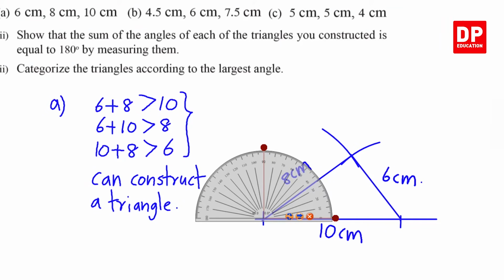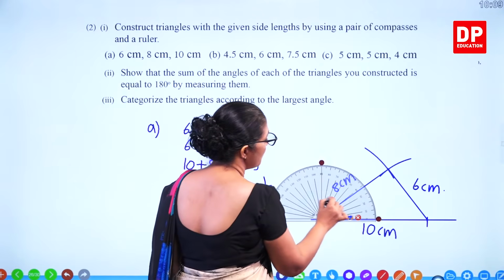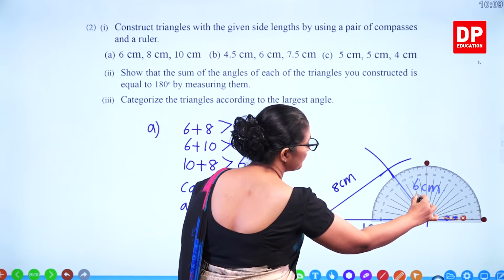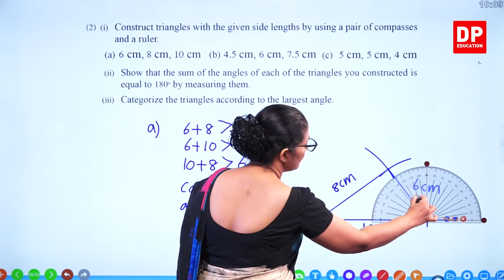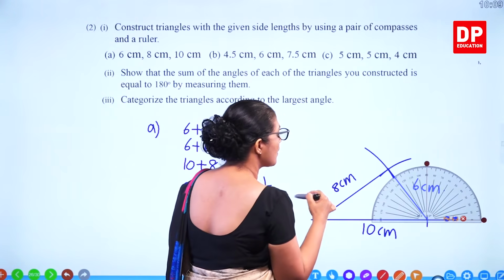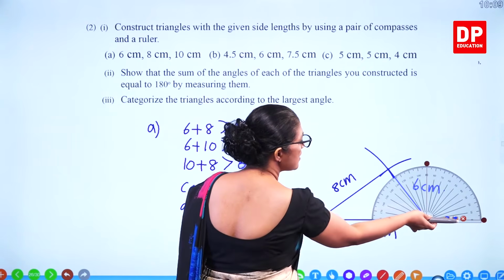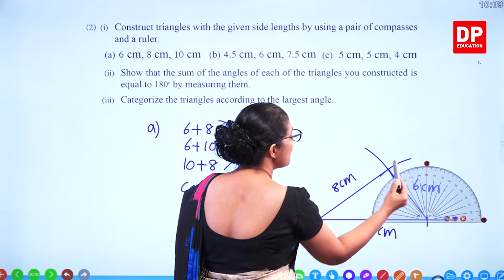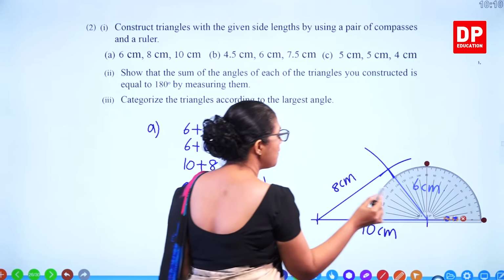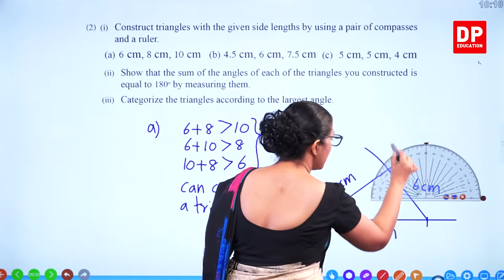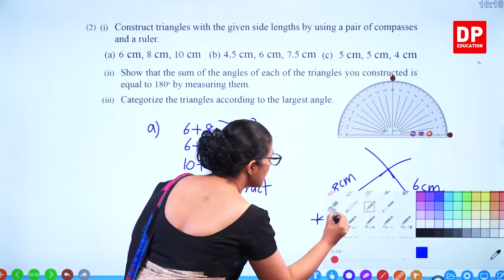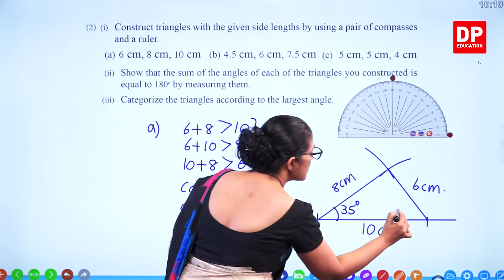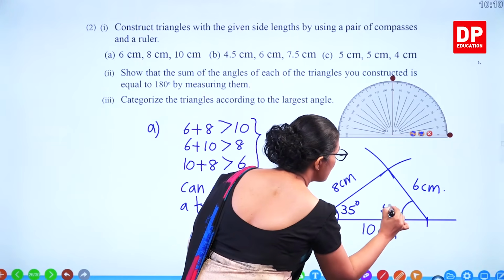This is 35. This side I get 10, 20, 30, 40, 55. 55, 35. So we'll mark it. This is 35. This is 55.